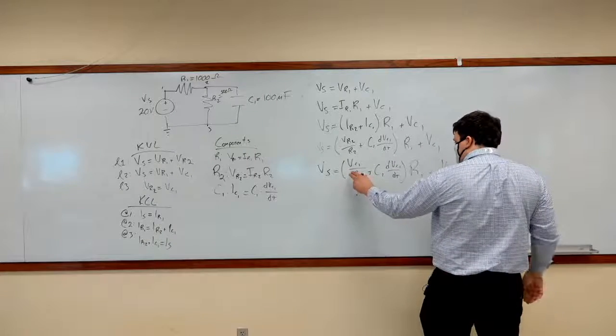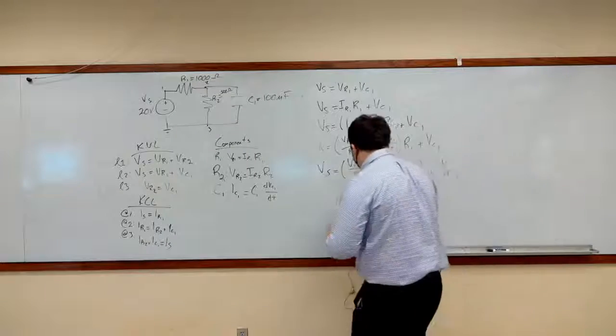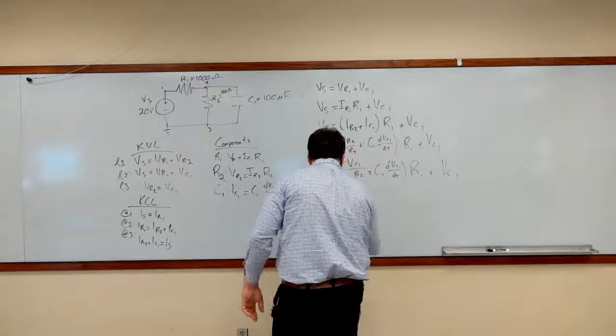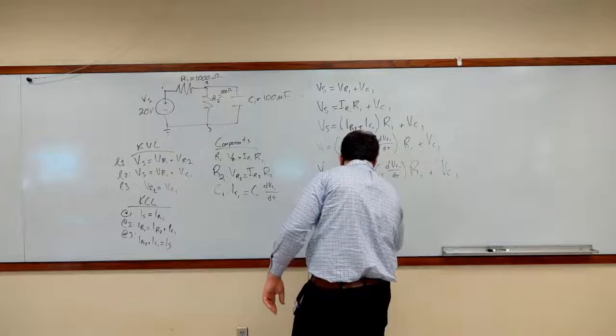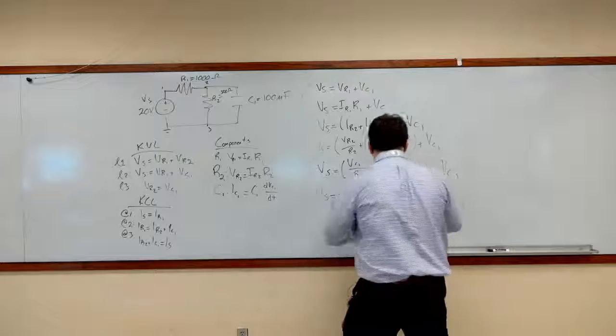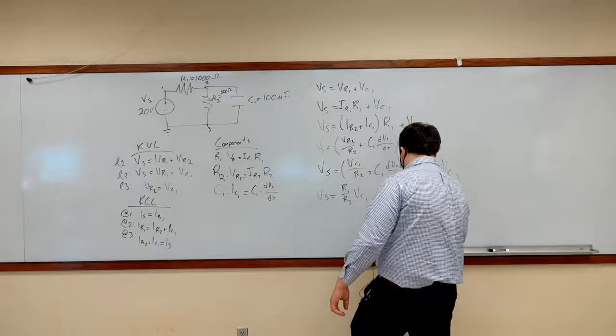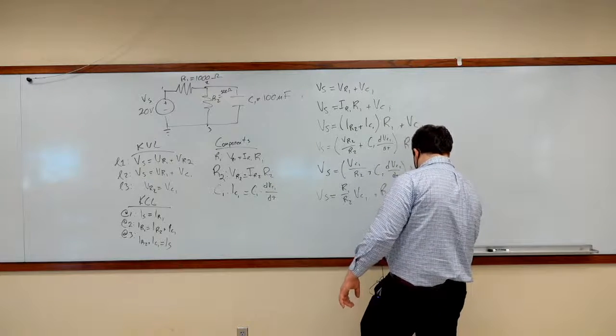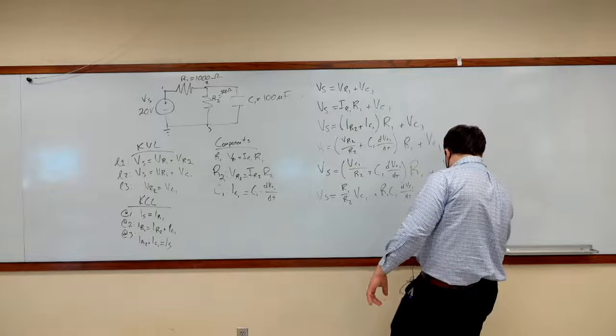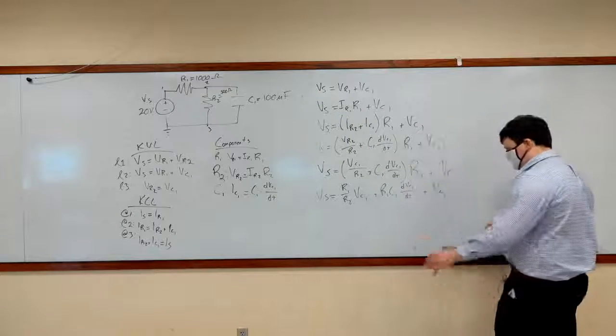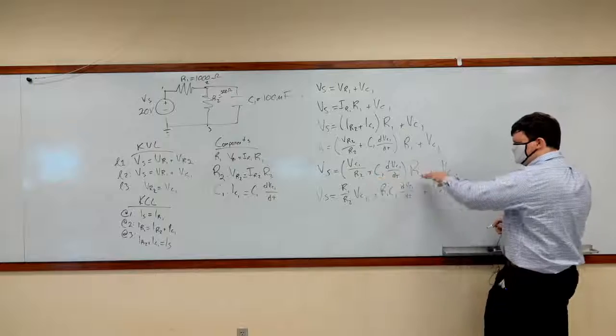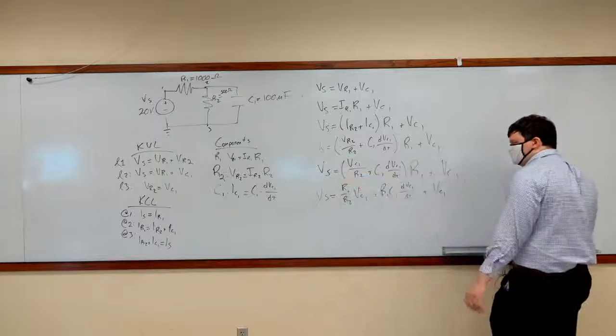So this is VC1 times, I guess I'll just bring it out, R1 over R2 VC1 plus this is R1 C1 dVC1 dt plus VC1. All I did was I just multiplied the R1 through.